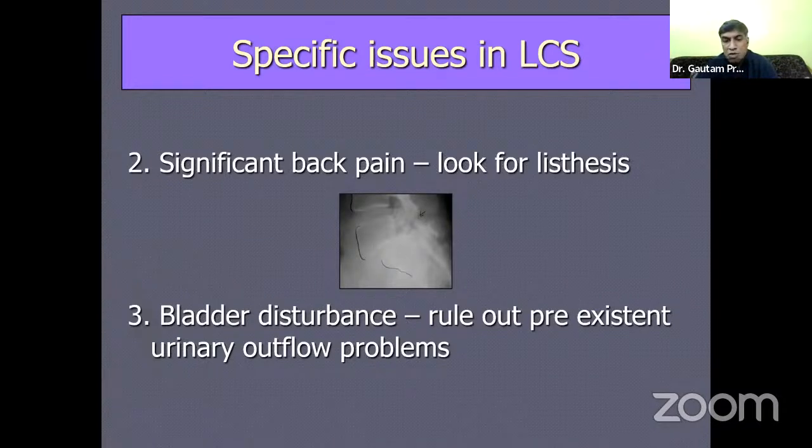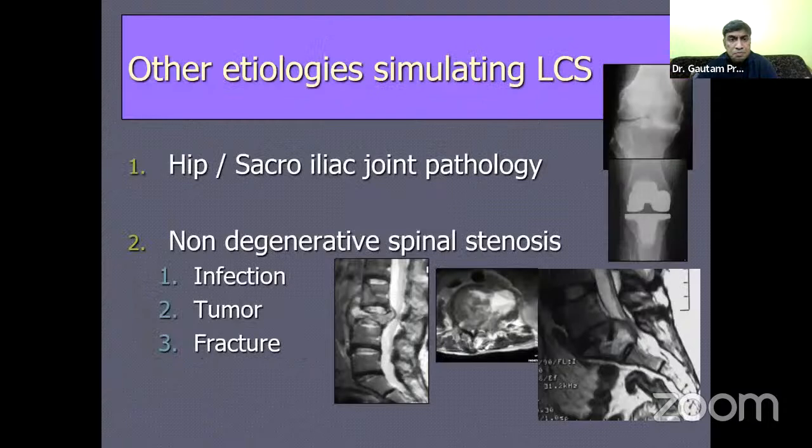If there's bladder or bowel involvement, rule out any previous history of urinary issues, like BPH in males, and also rule out that sacroiliac joint or hip pathology, or other degenerative or non-degenerative reasons, infection, or tumor, are the cause, because then the management will change.